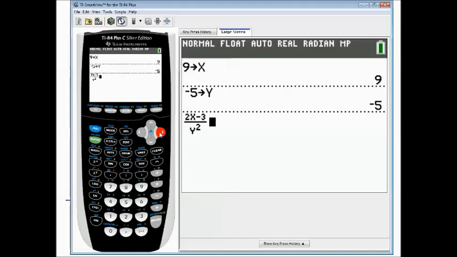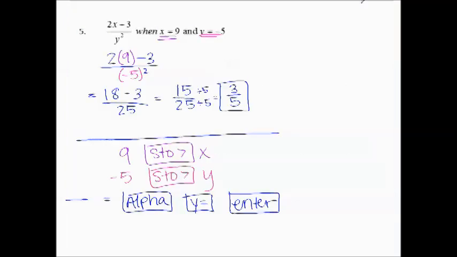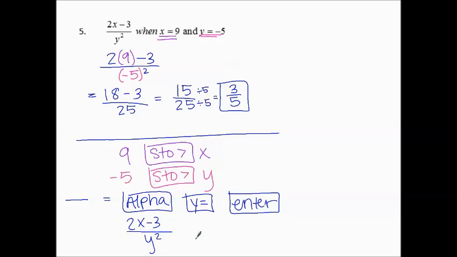There's my expression. I'm going to hit enter, 3/5. So my expression of 2x minus 3 over y squared, when y is negative 5 and x is 9, is going to give me that 3/5. The same thing I got when I evaluated it up here.